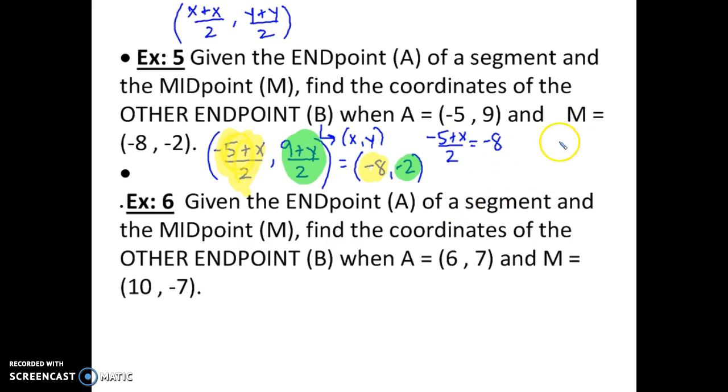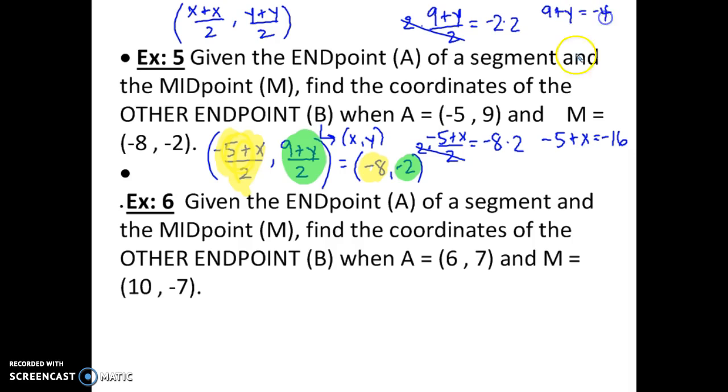And the second one is 9 plus y over 2 equals negative 2. For both of these, the first step for solving for x and y is to multiply by 2 to get rid of that fraction. So we get negative 5 plus x equals negative 16, and 9 plus y equals negative 4.